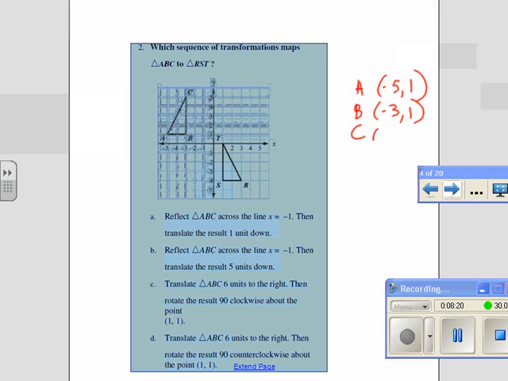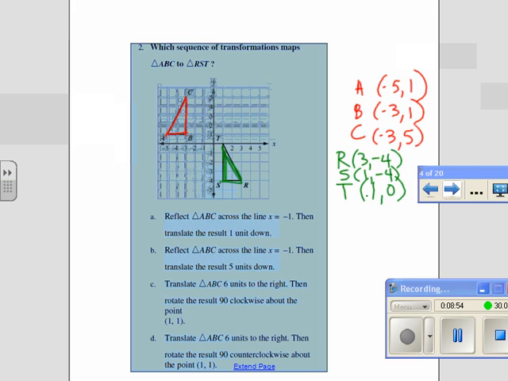And that's this shape right here. This shape right here is, let's see, let's do them in order. R is (3, -4). S is (1, -4). And T is (1, 0).